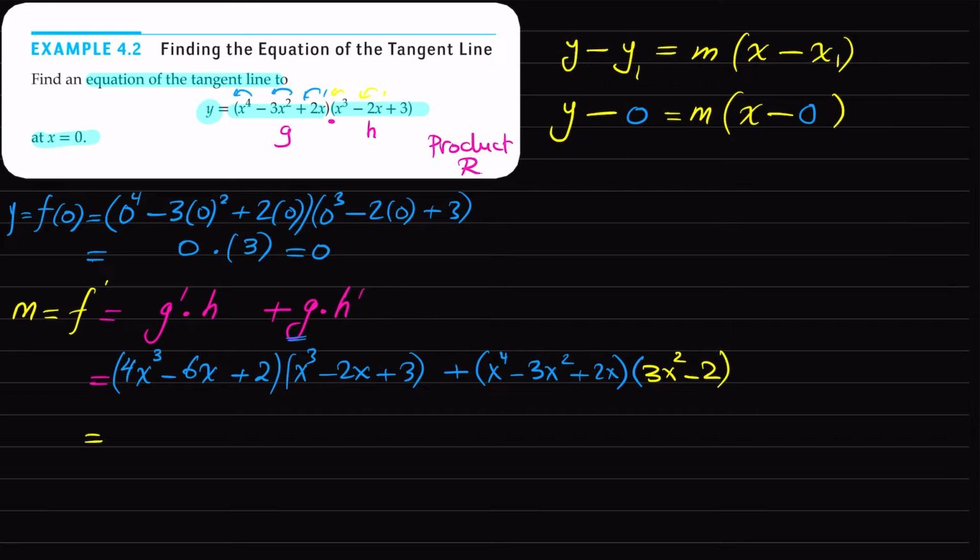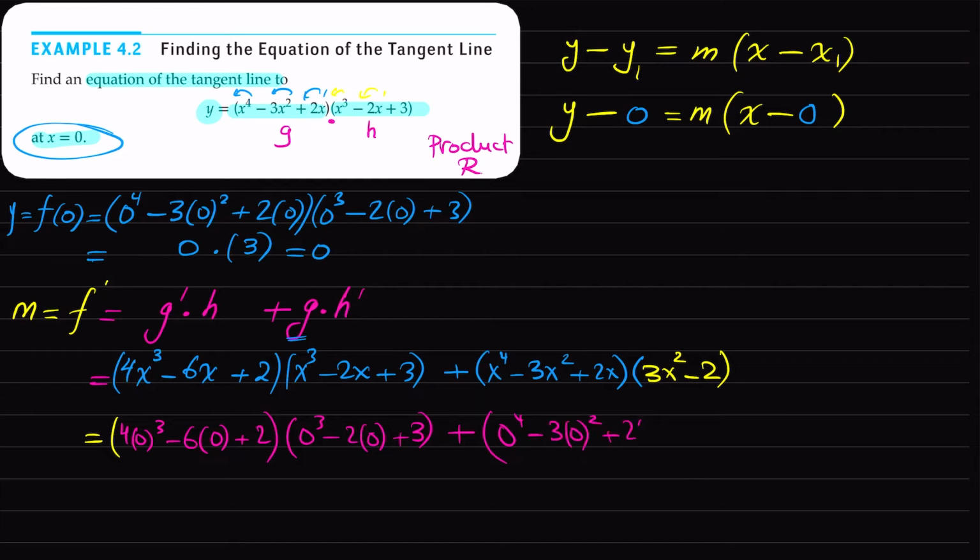Now easily we can substitute, since they said x is equal to 0. So we will substitute 0. So 4 times 0 cubed minus 6 times 0 plus 2, times 0 cubed minus 2 times 0 plus 3, plus 0^4 minus 3 times 0 squared plus 2 times 0, times 3 times 0 squared minus 2. So the first bracket, 4 times 0 is 0, minus 6 times 0, so it's 2.